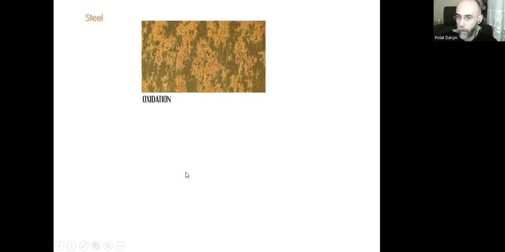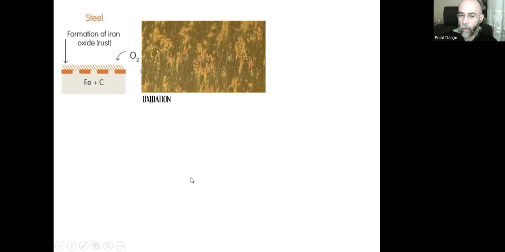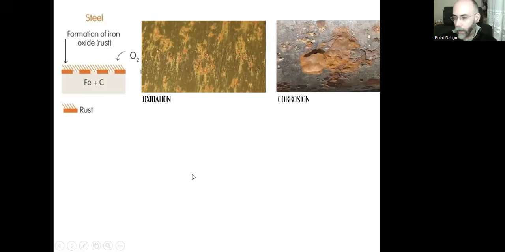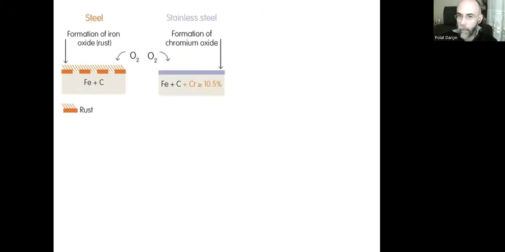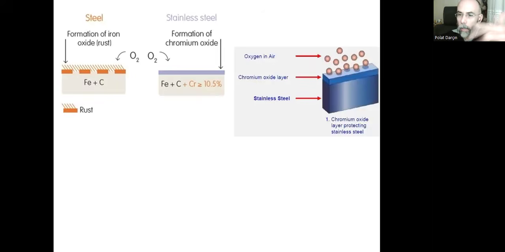We know that steel is oxidized, and once it's oxidized, rust is formed, and it will end up in corrosion. Stainless steel has no risk of corrosion because it has chromium inside, and as the chromium molecules react with the oxygen, a passive chromium oxide layer is formed, and this is a protective layer.